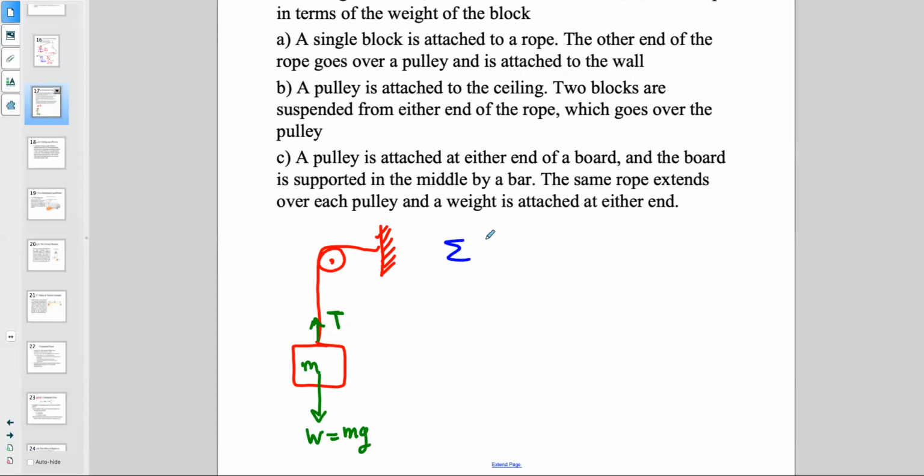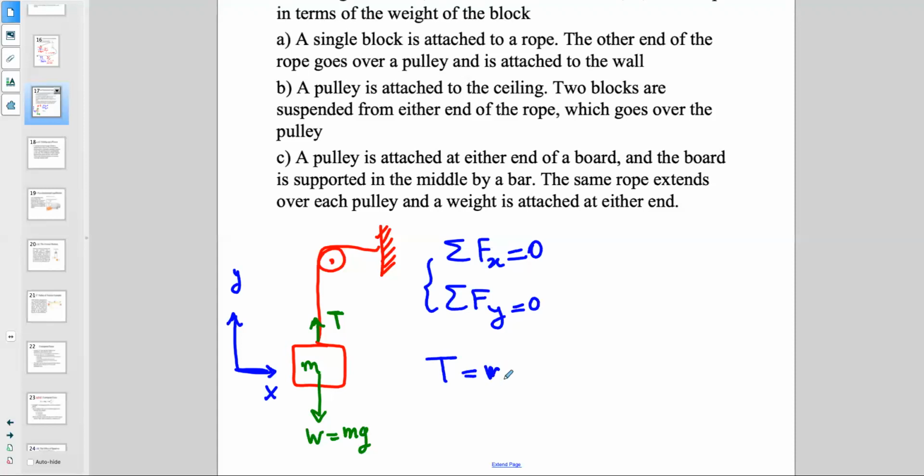So sigma F of x is 0, sigma F of y is 0. So in both directions, x and y. And so this is our x direction, okay, and this is our y direction. All right, so in y direction, we have T up, and we have mg or W down. So T is equal to mg if you have the equilibrium.